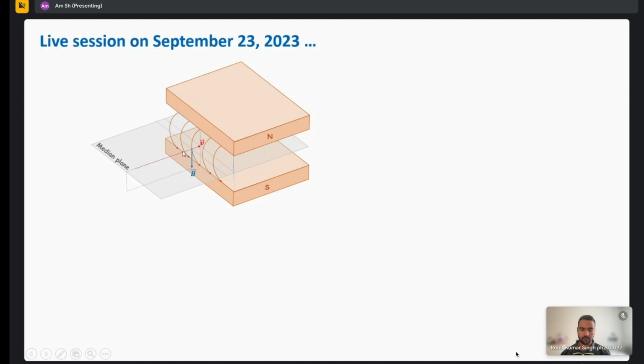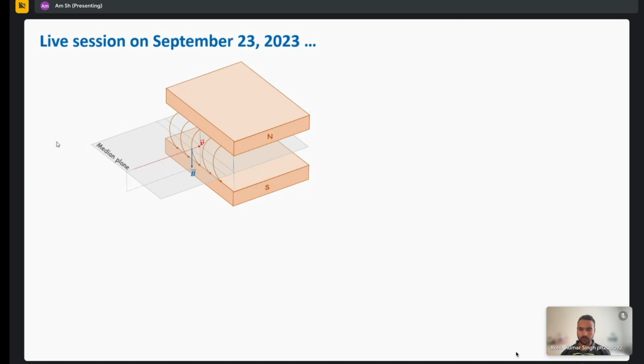So the trajectory enters the magnet at 90 degrees with respect to the edges. At 90 degrees, if the trajectory is exactly in the median plane, then definitely there will be only a vertical component, meaning this trajectory will be unaffected in the vertical plane. This vertical component of the magnetic field will impart the force horizontally. So there will be only horizontal bending of this trajectory.